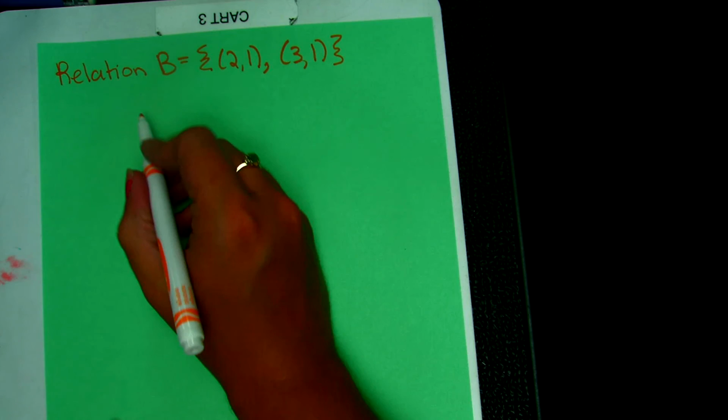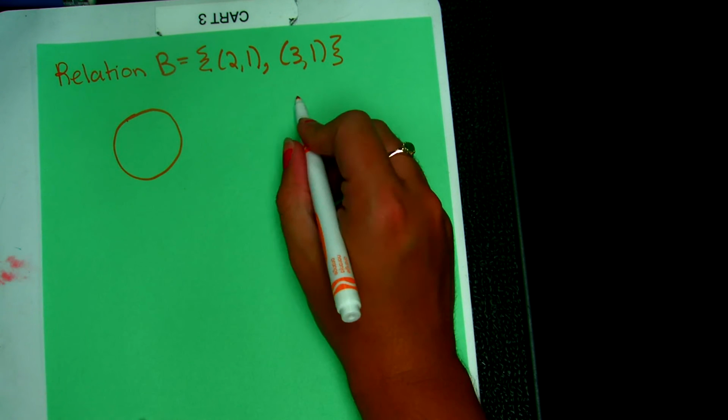Again, we're going to draw our two circles. And this is relation B.